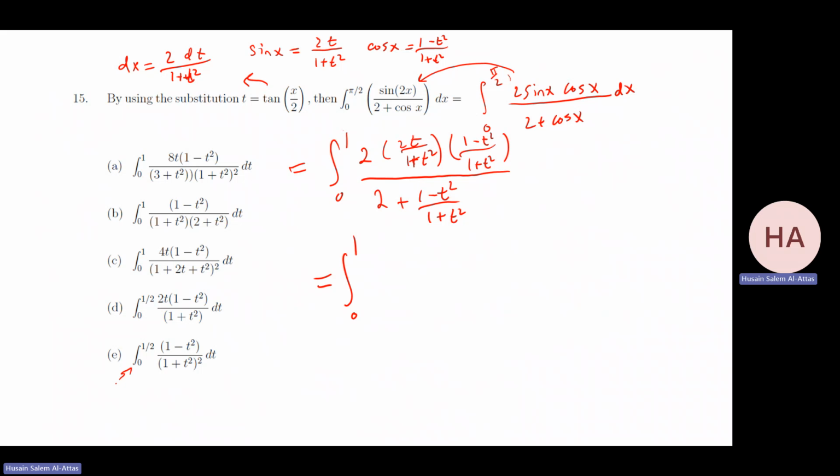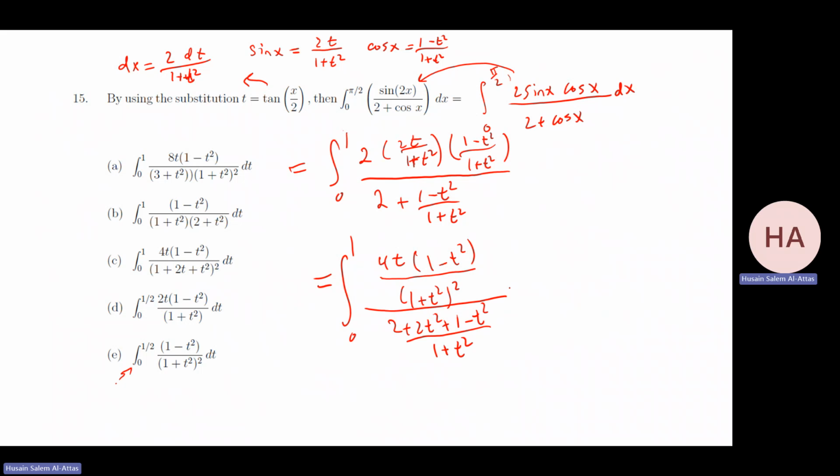That will be 4 times t times 1 minus t squared, over 1 plus t squared all squared. All of this over 2 plus 2t squared plus 1 minus t squared over 1 plus t squared dt.